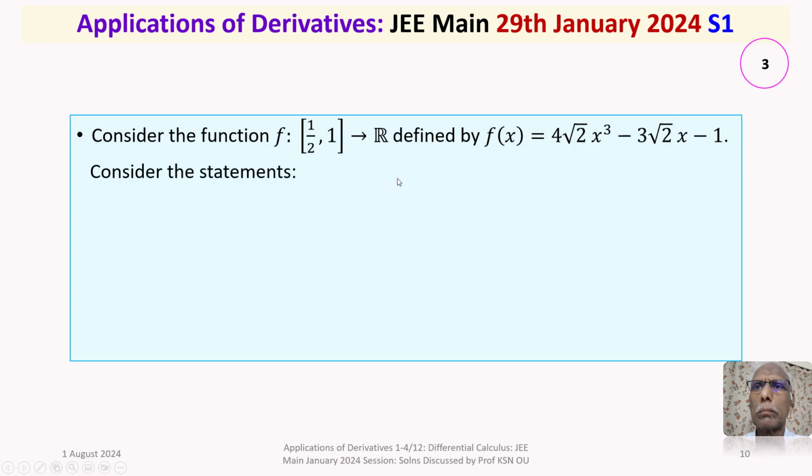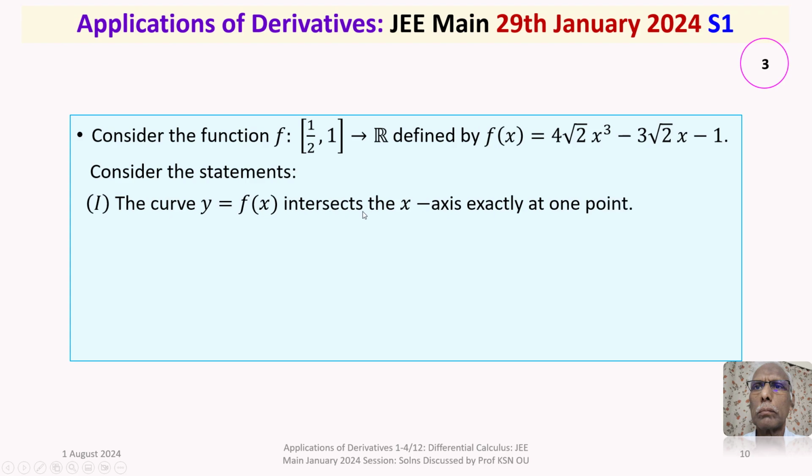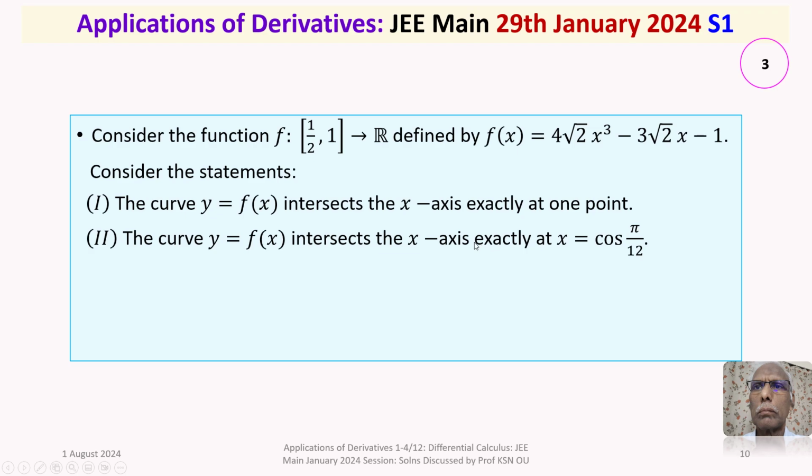Consider the following two statements. Statement 1. The curve y is equal to f of x intersects the x-axis exactly at one point. Statement 2. The curve y is equal to f of x intersects the x-axis exactly at x is equal to cos pi by 12.